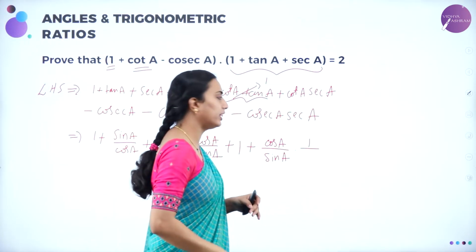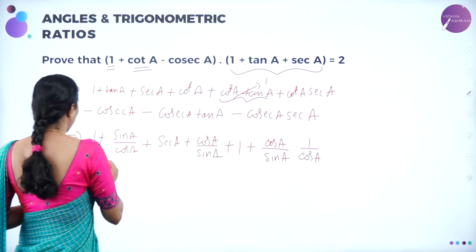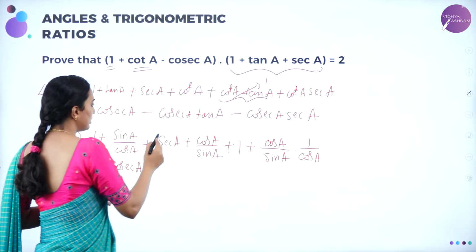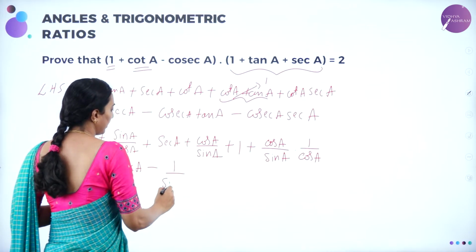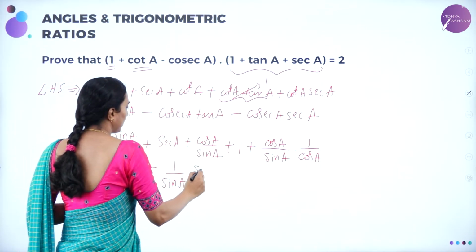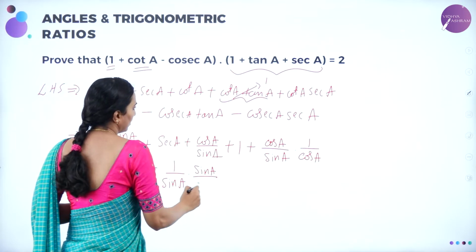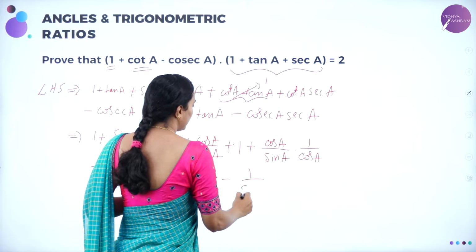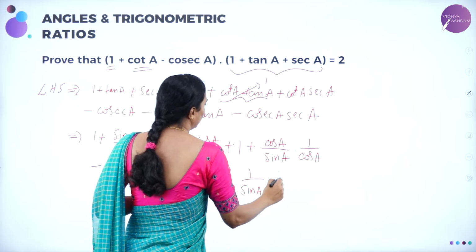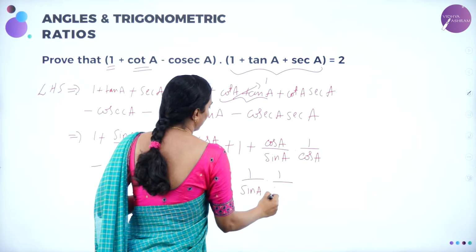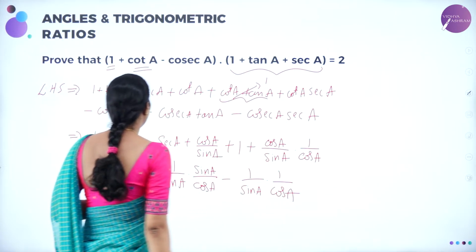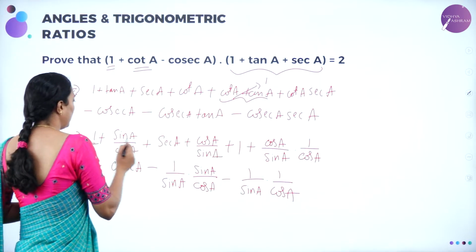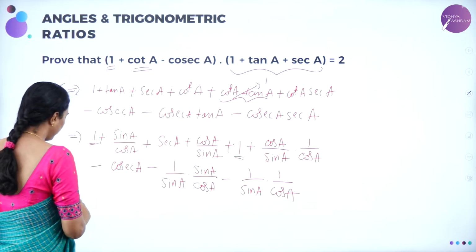Secant A is 1 by cos, minus cosecant A as it is, minus cosecant A into tan A can be written as 1 by sin into sin by cos, minus 1 by sin into 1 by cos. Now you can see here 1 plus 1 is nothing but 2.